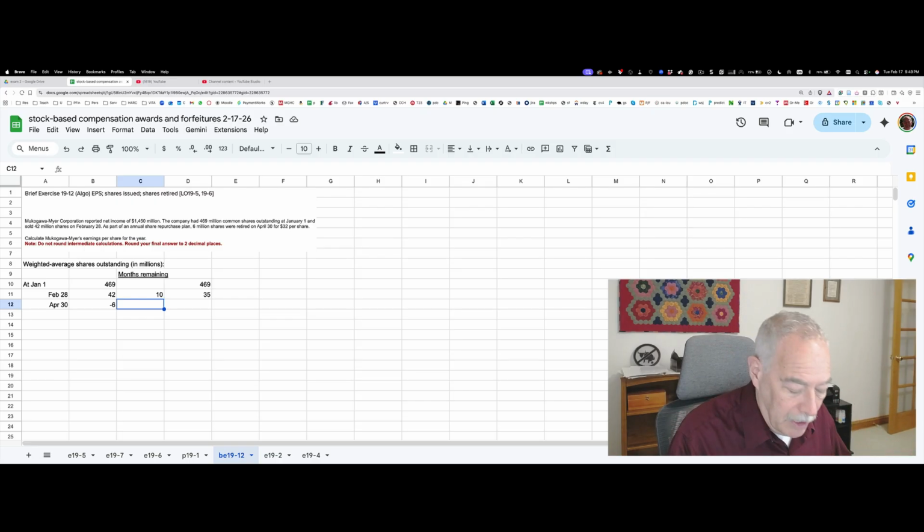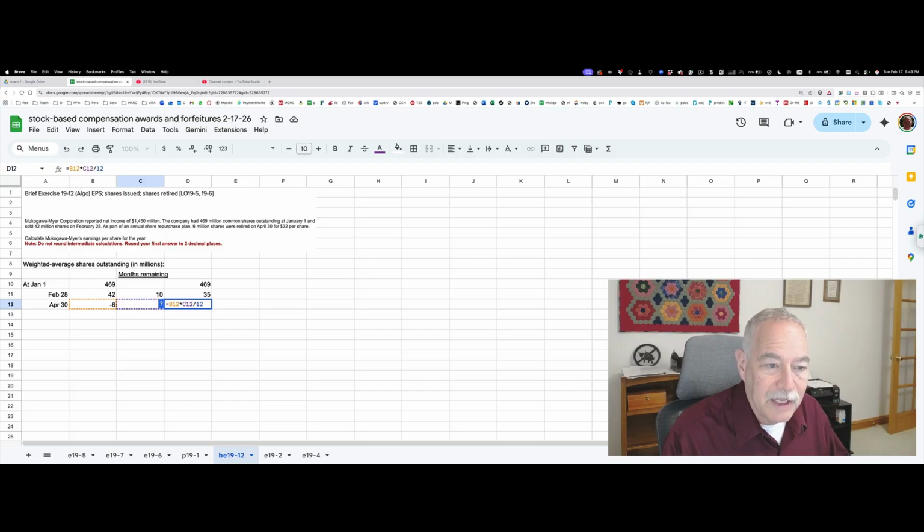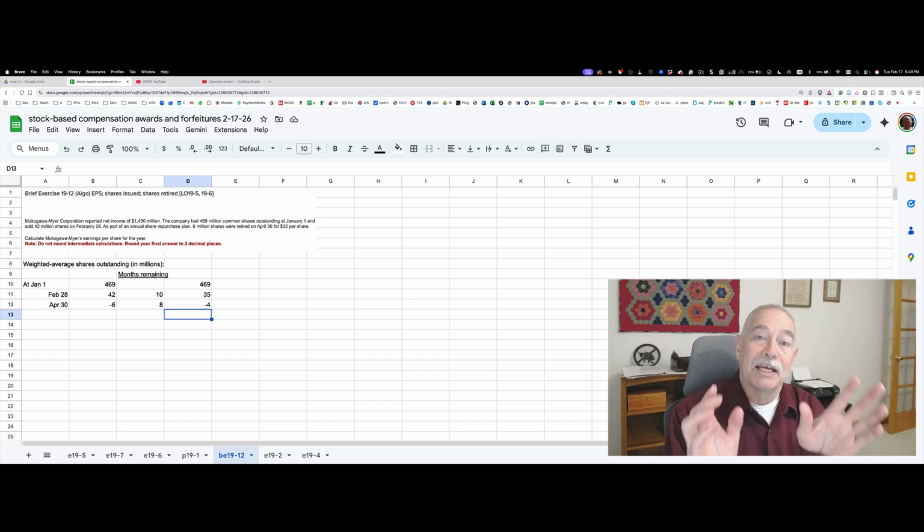That's for 8 months. And so what we're going to do here is take the -6 times the 8 divided by 12. And it's key to put the 12 months in there. And then this is our weighted, and this is the way the textbook does it.